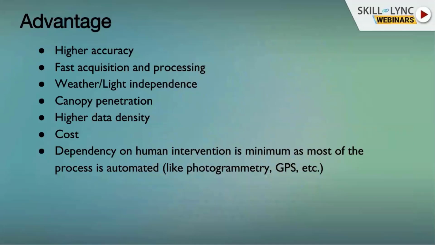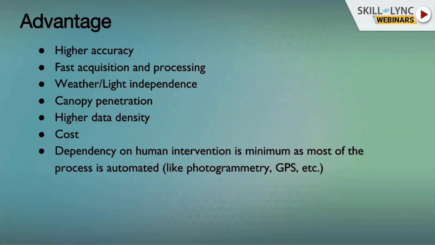Now come to the advantages of LiDAR. As I told, it has higher accuracy than other existing sensors, and fast acquisition and processing, because it uses light pulses. It is also weather and light independent.